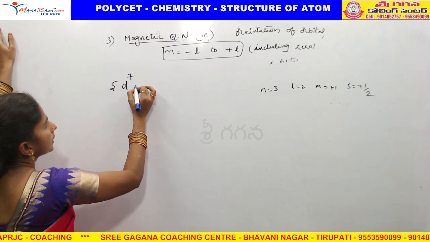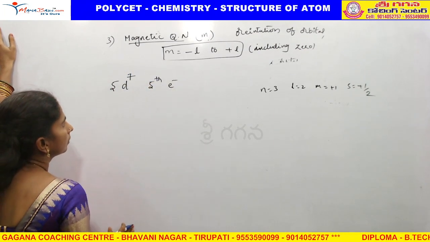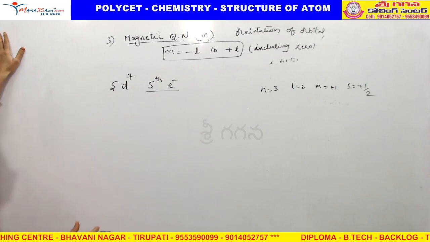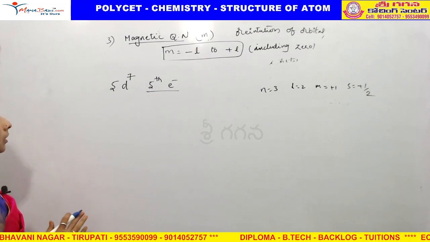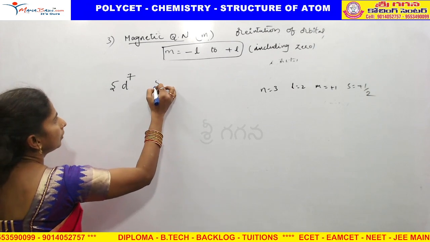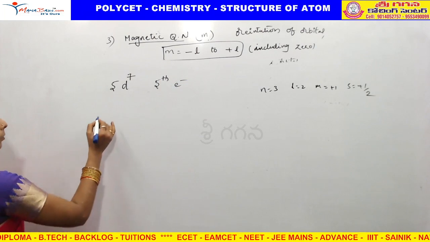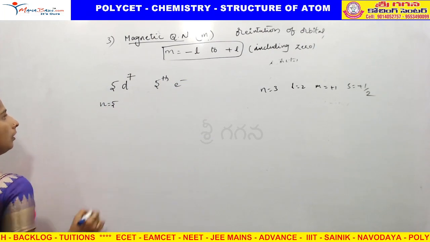5d7. I want the fifth electron. That is my wish, whatever electron I want, I can ask. If they are not asking for any particular electron, then you need to do the seventh electron. Fifth electron, right. So n equals 5, right?